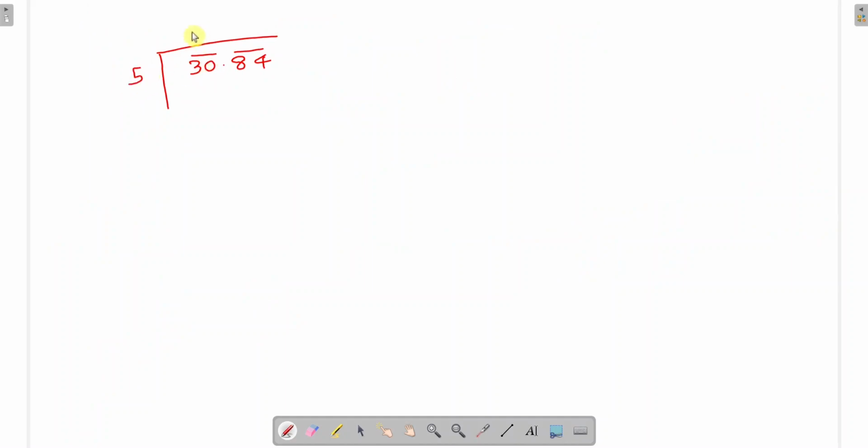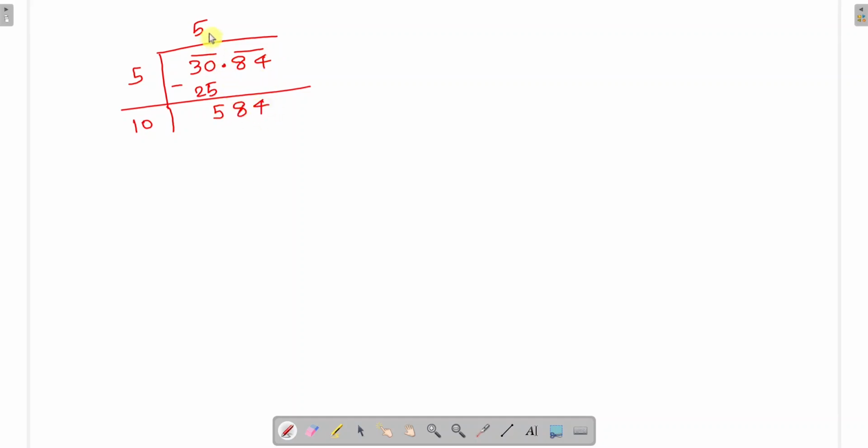So 5 5s are 25, right? Then 5 remains here. Okay, then 5 we have to double, 10 it will become. So now since 5 is smaller than 10's, 101 into 1, if we do, it is greater than 5. So 84 we have to take here down.